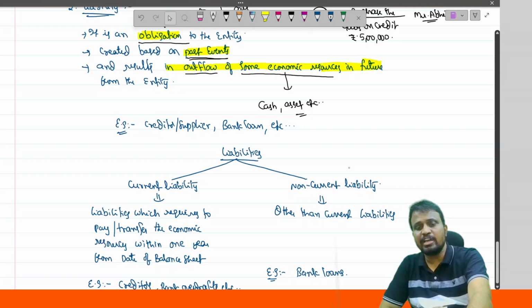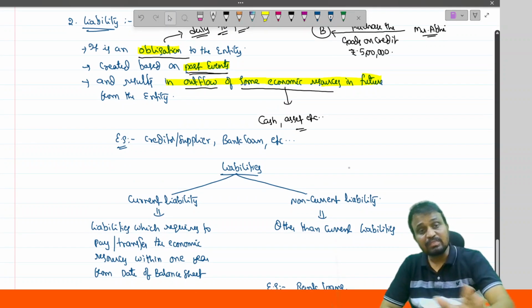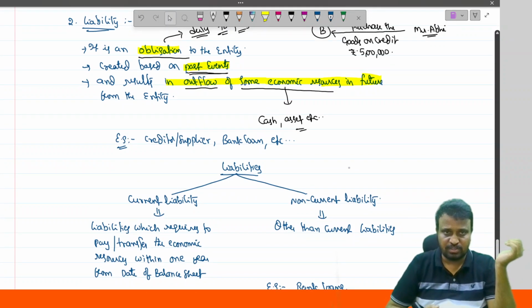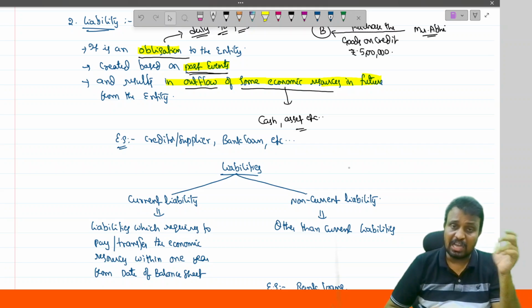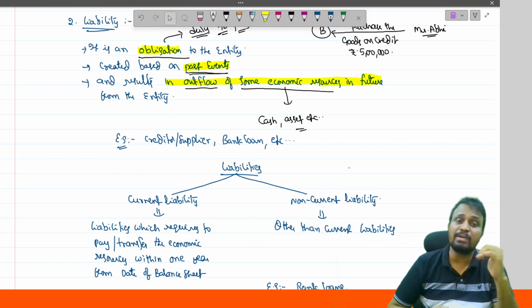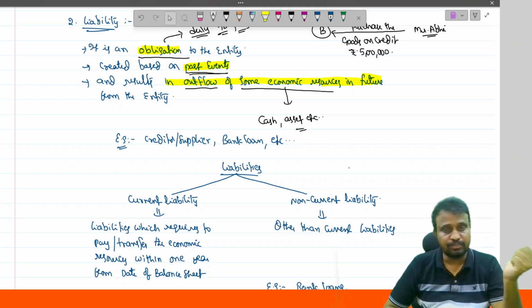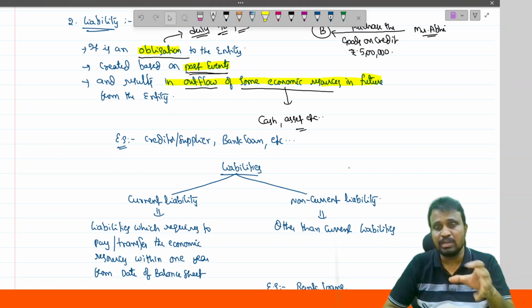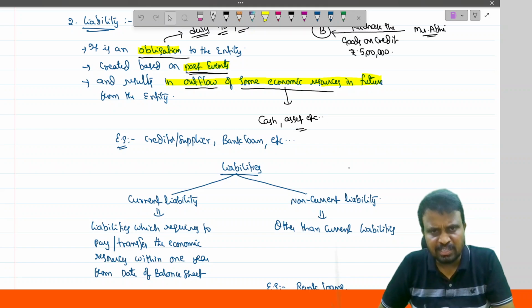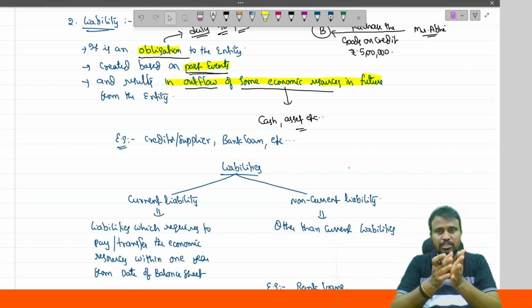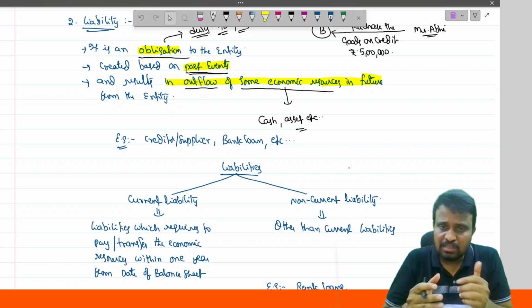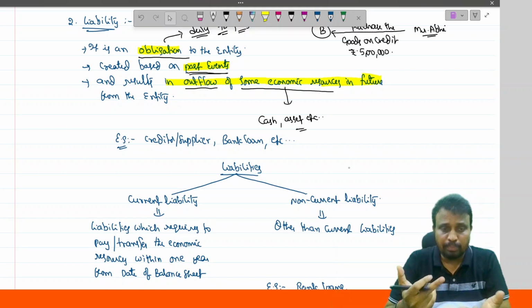So liability stands for an obligation of the entity created based on a past event, which results in an outflow of economic resources from the entity in future. Generally, liabilities are classified into two types based on the tenure of liability to pay.